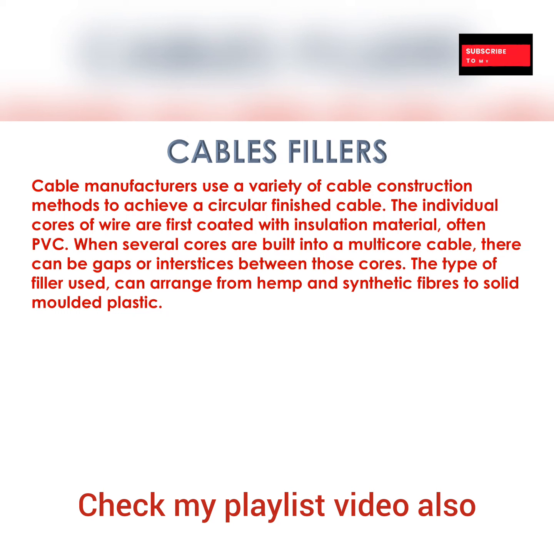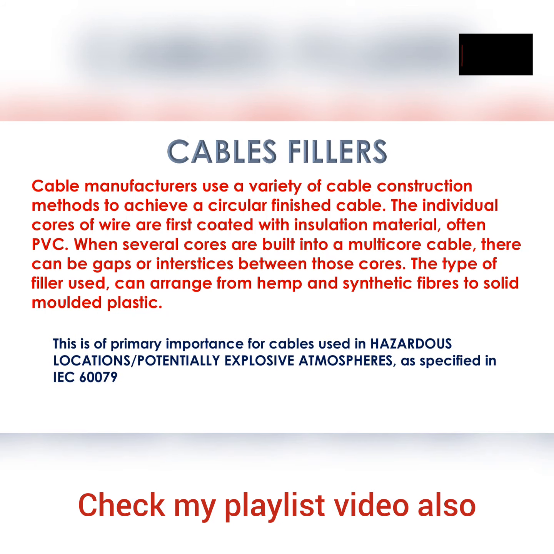When several cores are built into a multi-core cable, there can be gaps or interstices between those cores. The type of fillers used can range from hemp and synthetic fibers to solid molded plastic. You can see the pictures in the last slides, and I will show you more in the next slides as well.